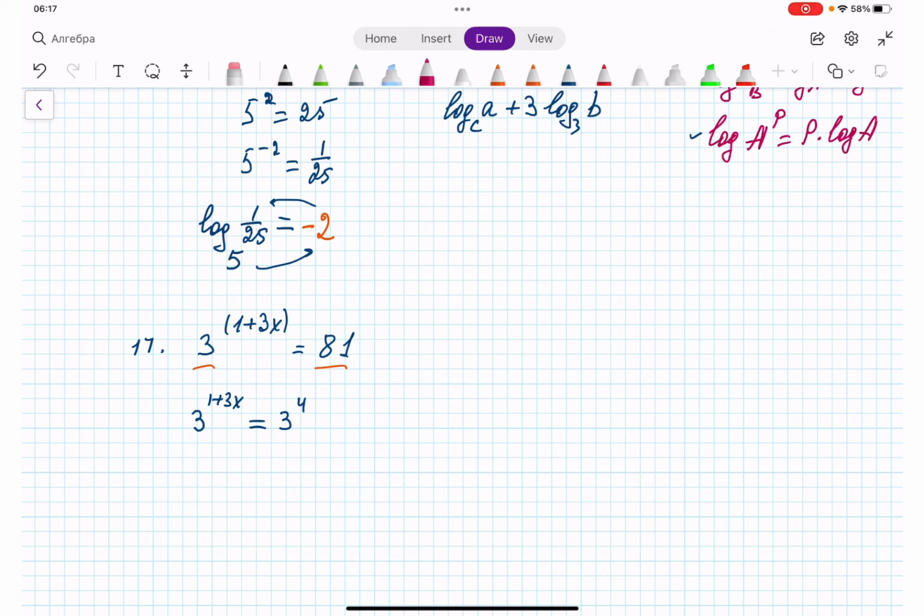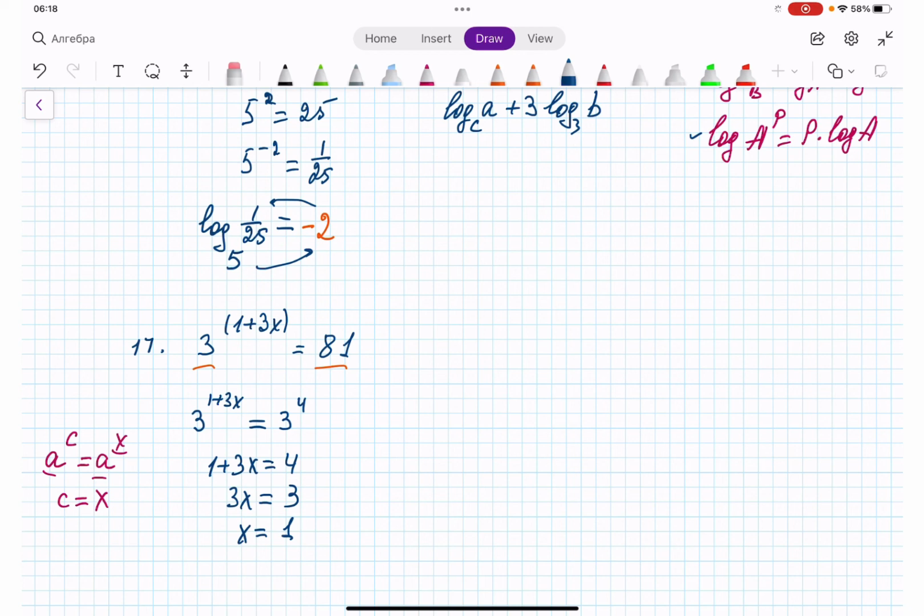For example, if I have a to the power c equal to a to the power x, that means c is equal to x. All right, because the base is the same. Now here, since we have 3 and 3, I can write 1 plus 3x is equal to 4. 3x is equal to 3, and x is equal to 1.